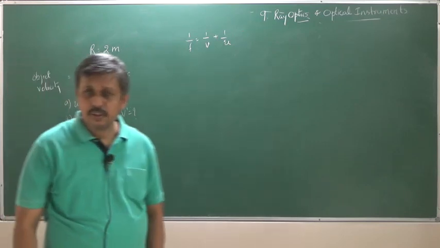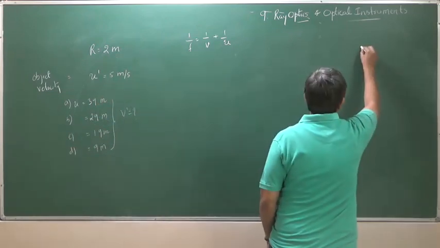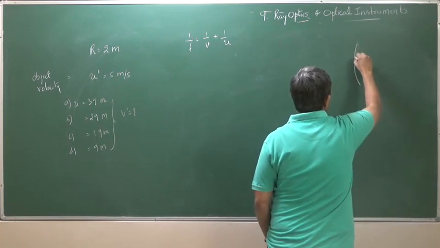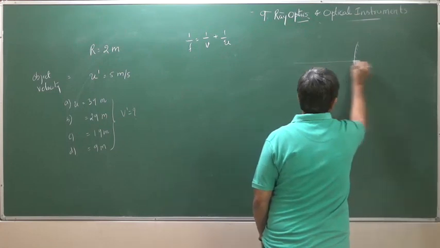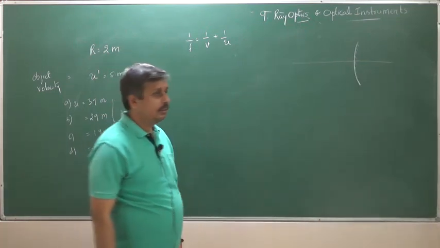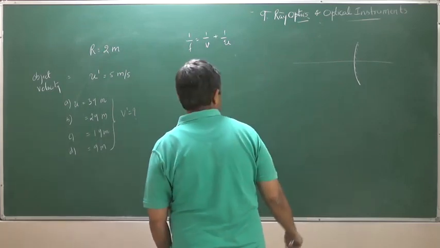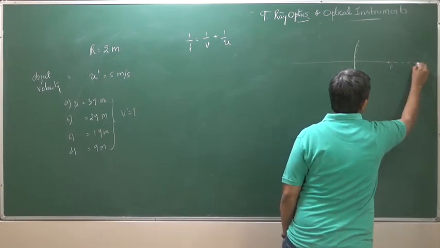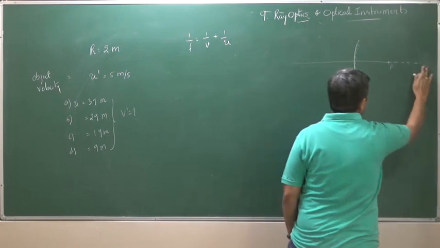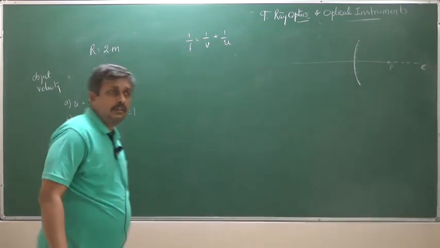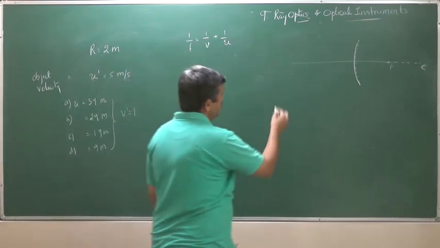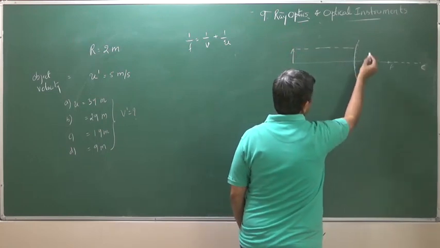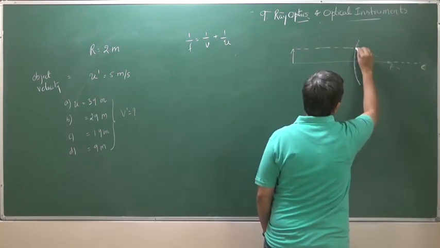This is a convex mirror. So, convex mirror, how does it form the image? We will see. A car mirror is a convex mirror. So, when the object is somewhere here, the light reflects like this.